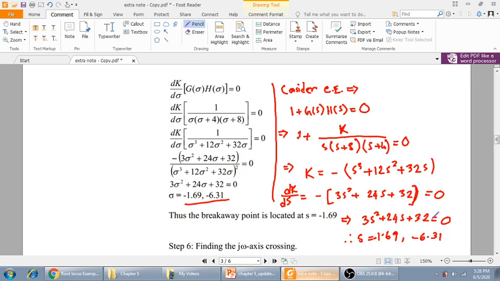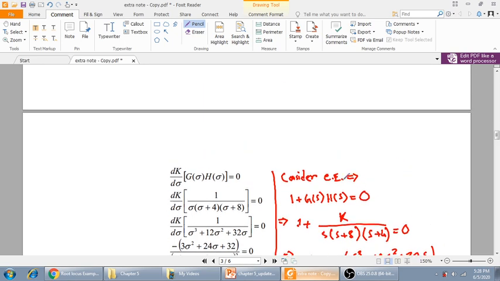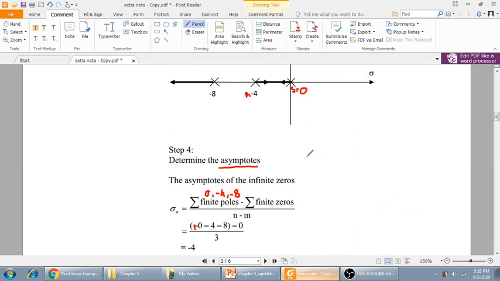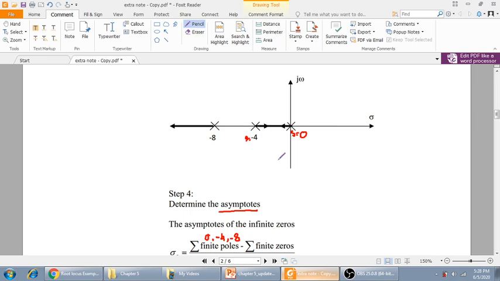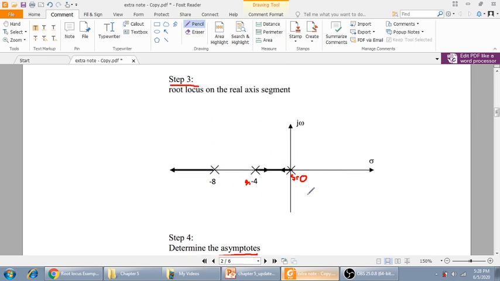So now, even though we have two breakaway points, only one point is valid. Why? You can see from this figure. We have two breakaway points, one minus 1.69 and another. I write it like this, it will be easy for you to understand.